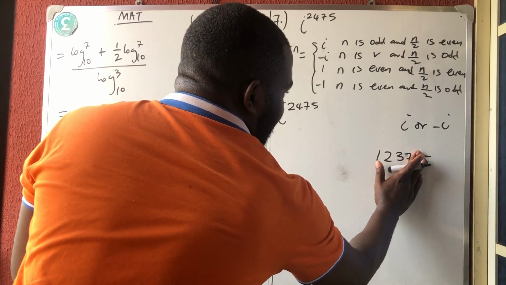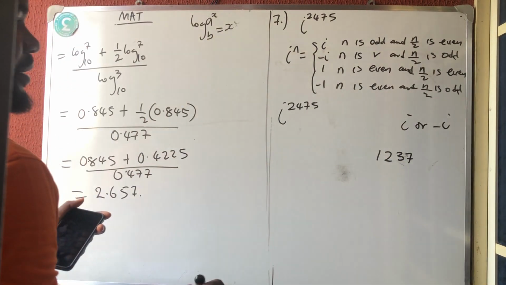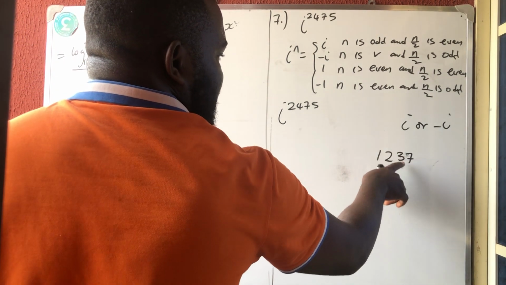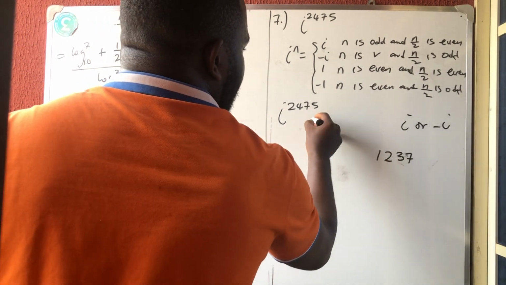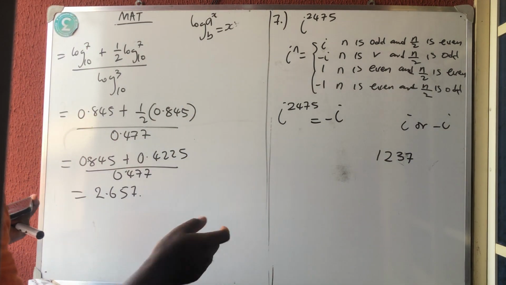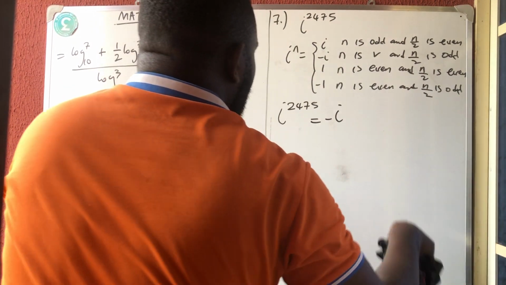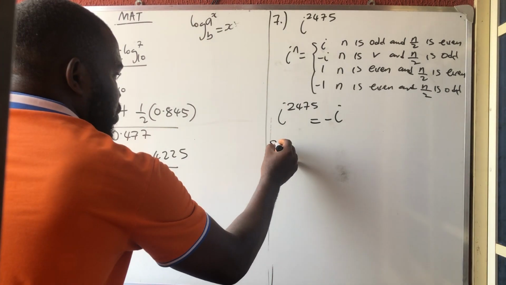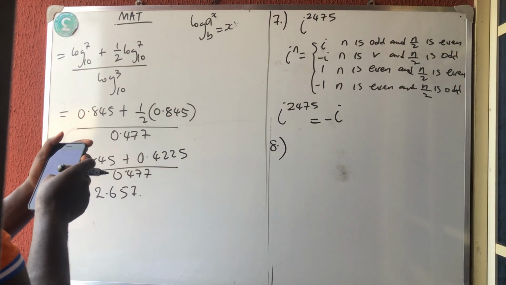But I don't need the point, like I said. We only need the whole number part, and you can see that this whole number part is equally odd, so my answer will be the negative one. So the answer to this is simply minus i. As simple as that. You can watch my video on complex number to help you understand it very well.